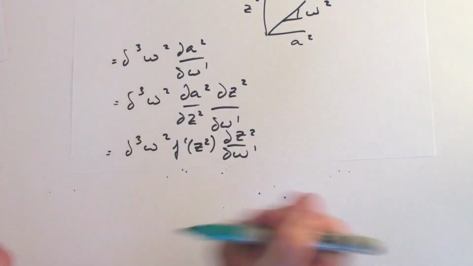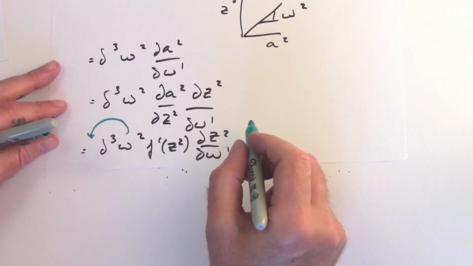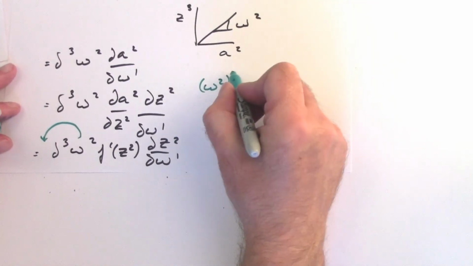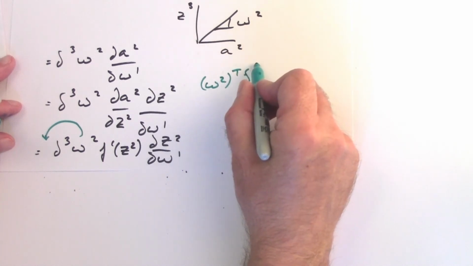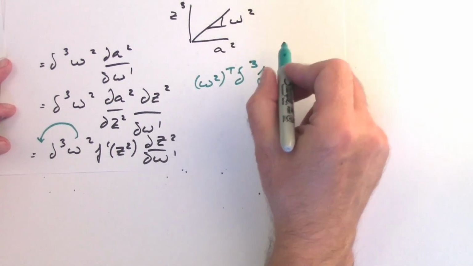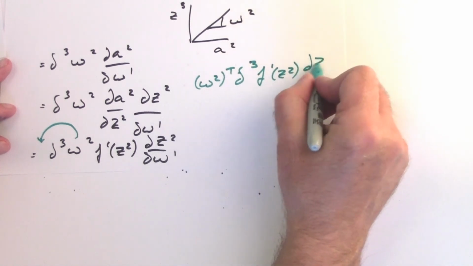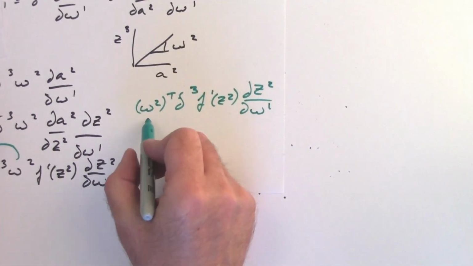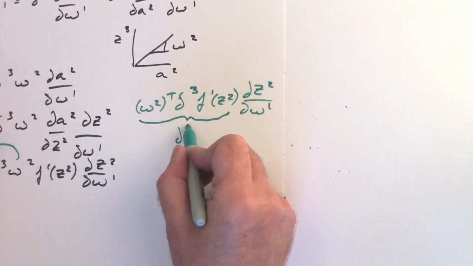So let's just move this W2 the other side of the del and do the transpose as before. So now we have W2 transpose del 3 function Z2 dZ2 by dW1, and we can define this now as our del 2.